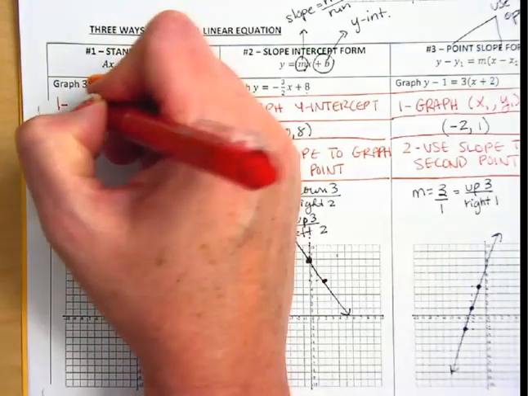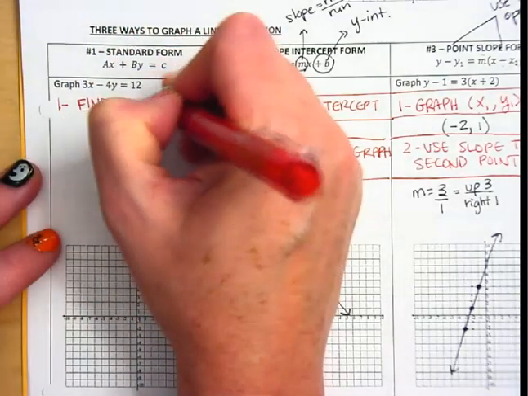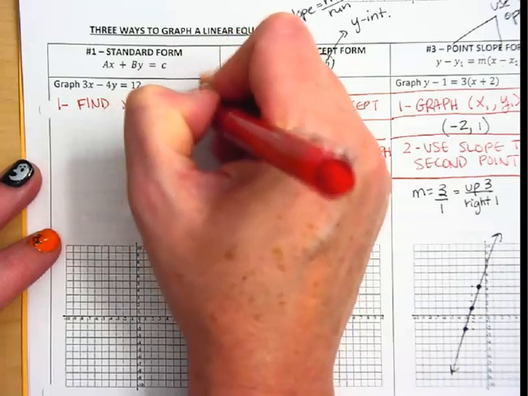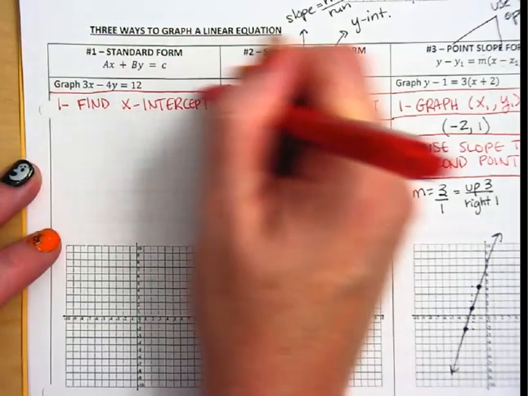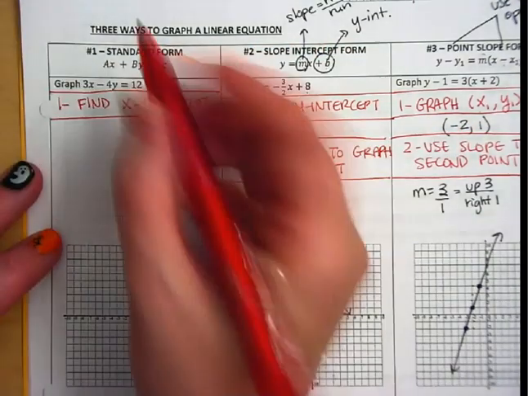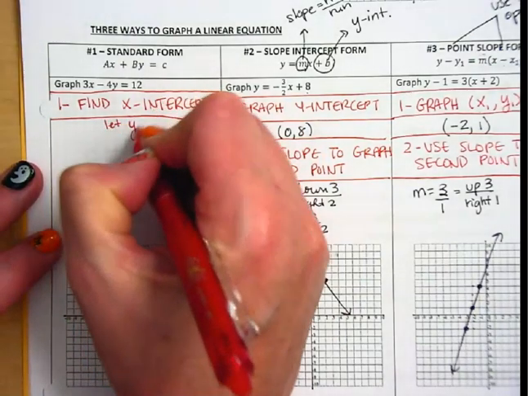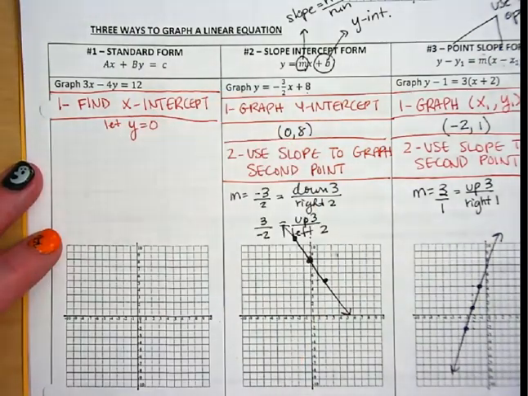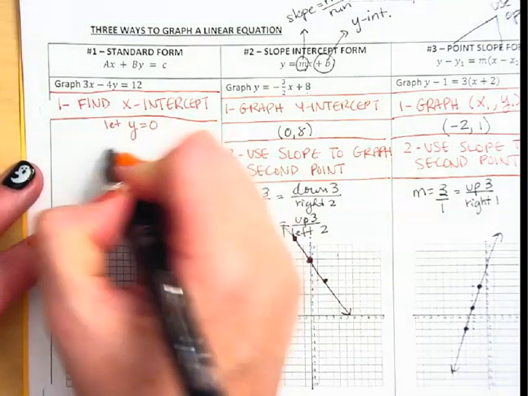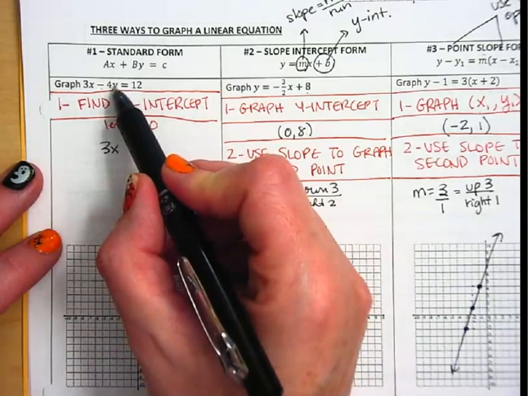So first, we will find the x-intercept. So this means that we are going to let the y value be 0 in our equation. So I'll have 3x minus 4 times 0, which is just 0.